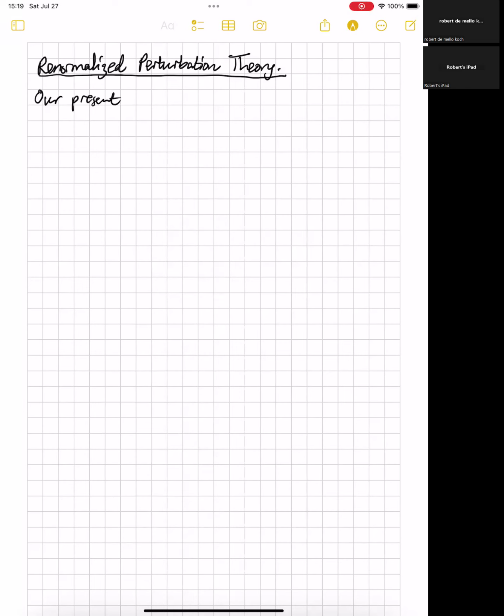Okay, so how do we do computations at the moment? Well, the first thing that we do is we write the theory, and by this, I really mean the action and things like that.